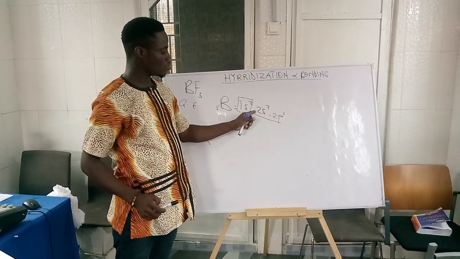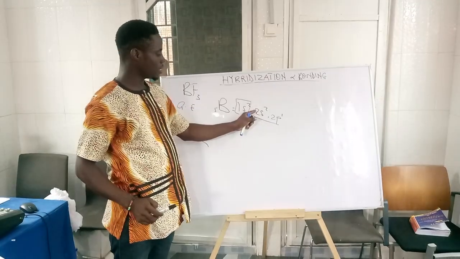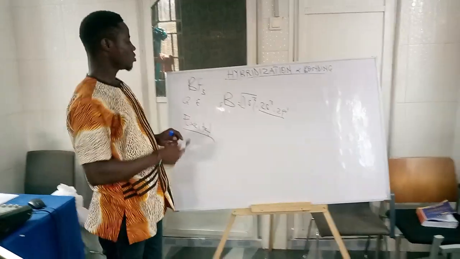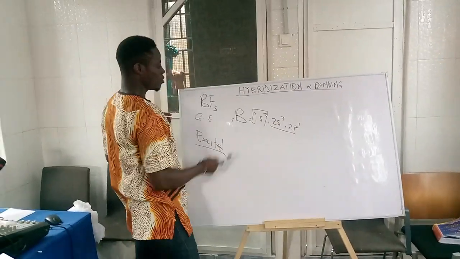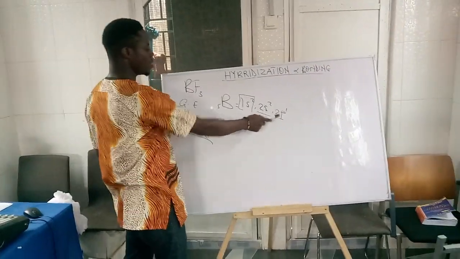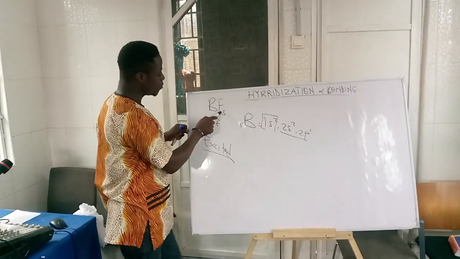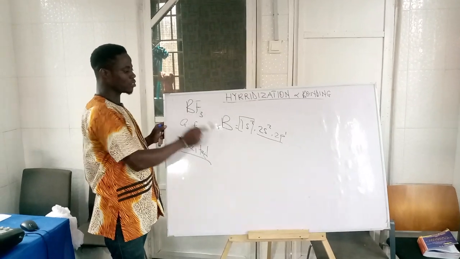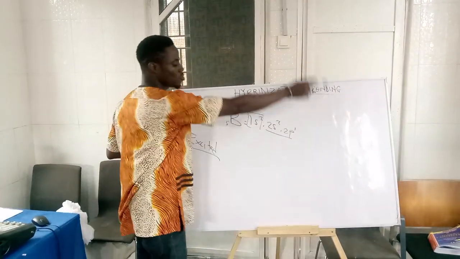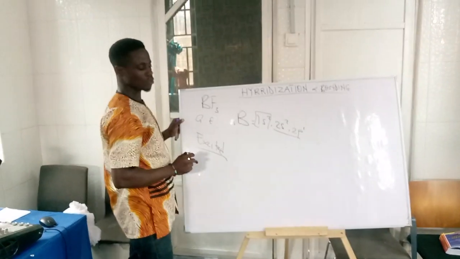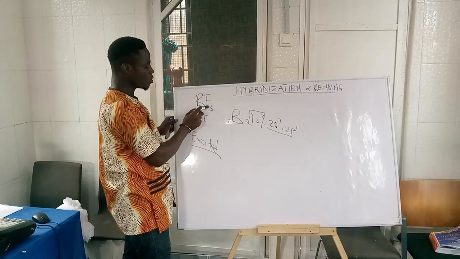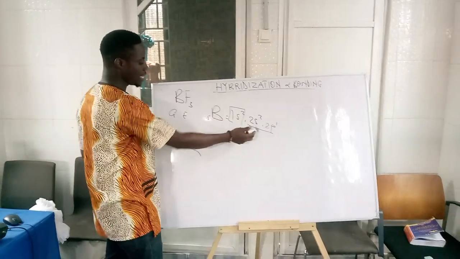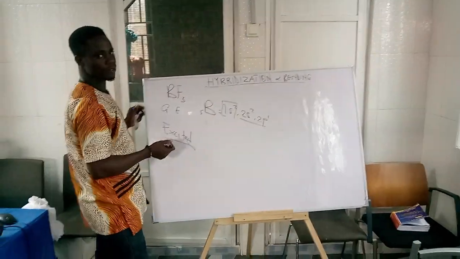So we have 3 of them. In actual sense, if you are mixing only these 2, you will be left with 1 fluorine. Therefore, there is the need to promote an electron from the lower energy level to the higher energy level, so that the other fluorine can be bonded to the central atom. That is why there is the need to promote an electron.